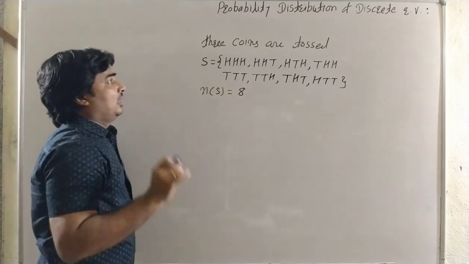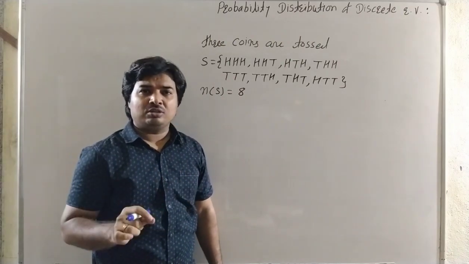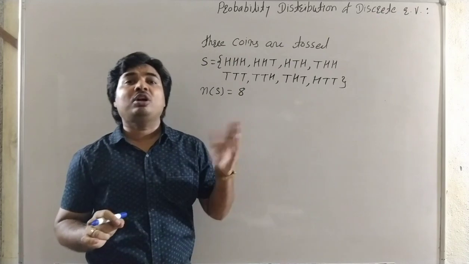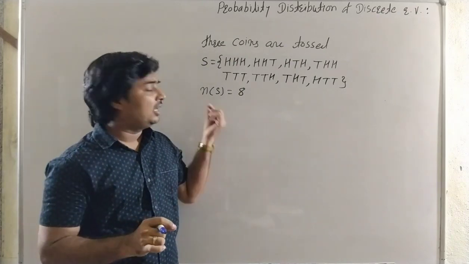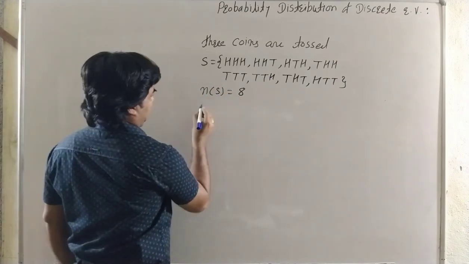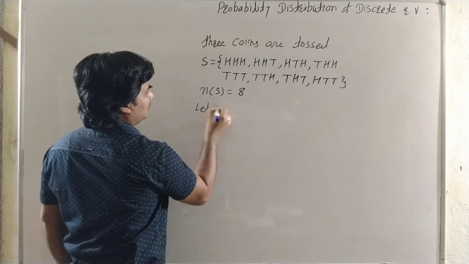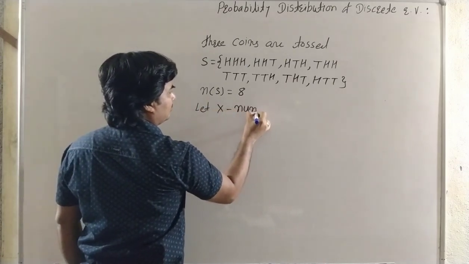Now here the experiment is a coin toss. When a coin is tossed, we get head or tail. That means we count heads or tails. Here we take a random variable, the number of heads or the number of tails. Here we take the number of heads. Let X be the number of heads.